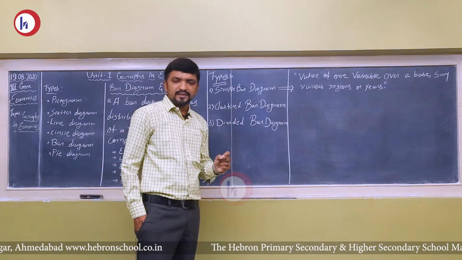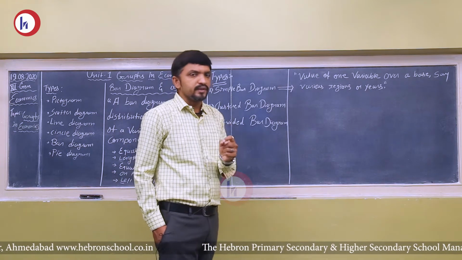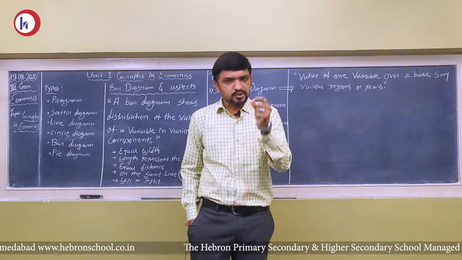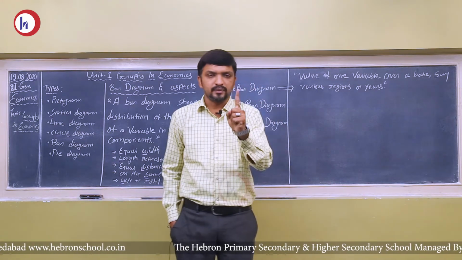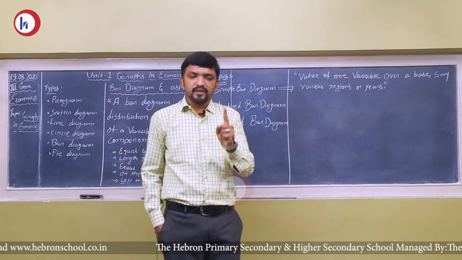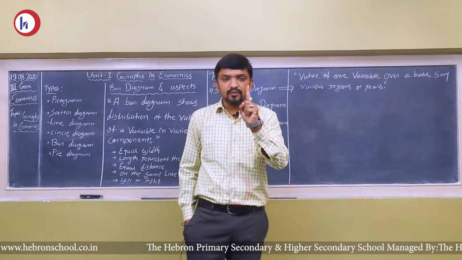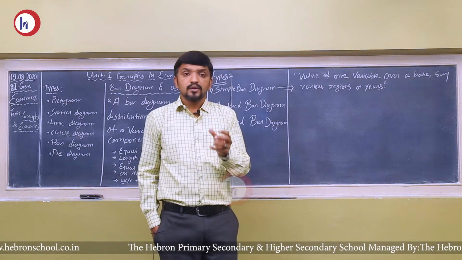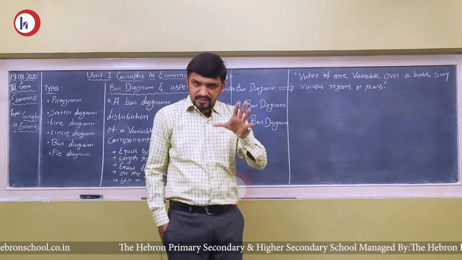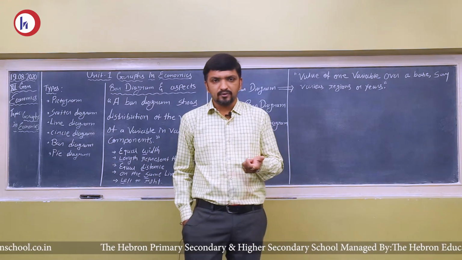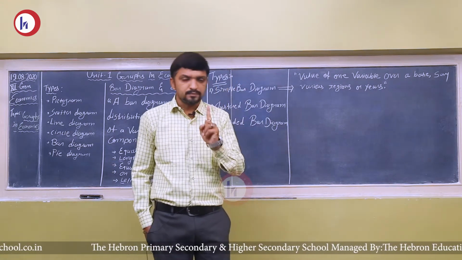Here we are going to present the value of one variable, like marks of a student in 6 subjects. So we are talking about only one student, or marks of 6 students in one subject. So again, we are talking about one subject.